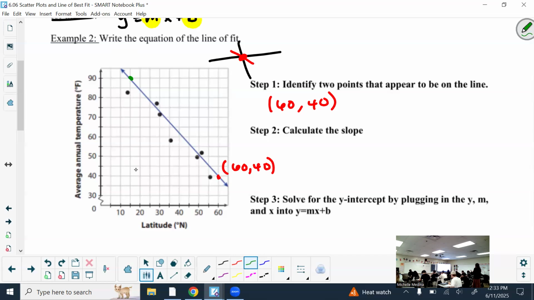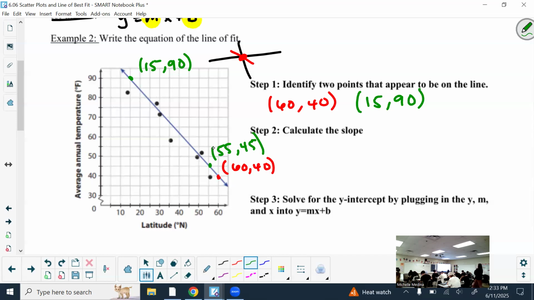Everyone see that? 15 here because that's between 10 and 20, and then 90 to the left. You could pick other points, like does anyone want to see if their point is on the line? 40 works, or actually that looks like 45. You did 55, 45, you could do that.